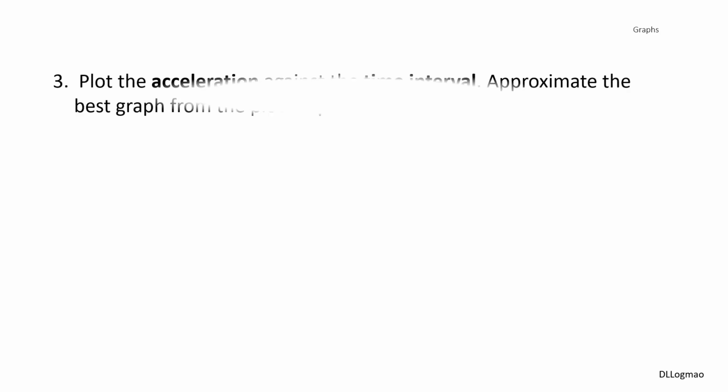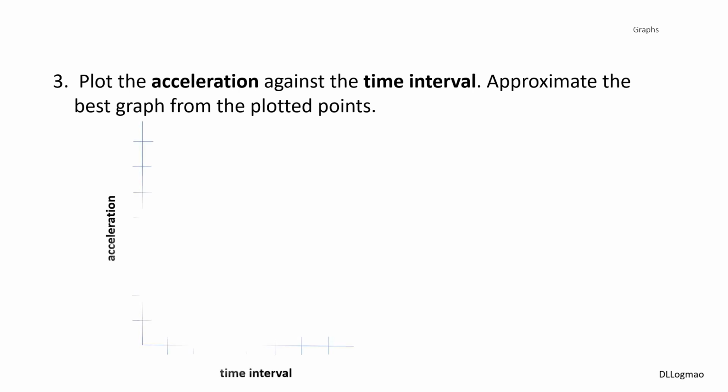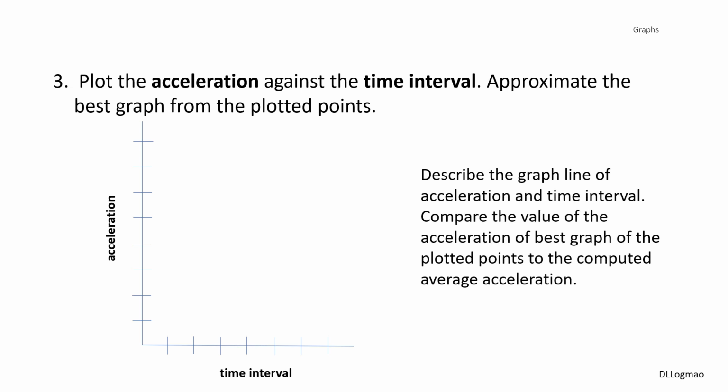The third graph. Plot the acceleration against the time interval. Approximate the best graph from the plotted points. The suggested axis for the graph of the acceleration and time interval. Describe the graph line of acceleration and time interval.